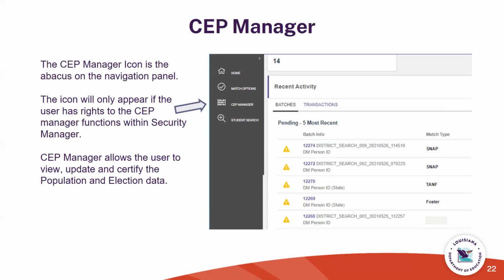To get to CEP Manager, the CEP Manager icon is the abacus on the navigation panel. The icon will only appear if the user has rights to the CEP Manager functions within Security Manager. CEP Manager allows the user to view, update, and certify the population and election data.